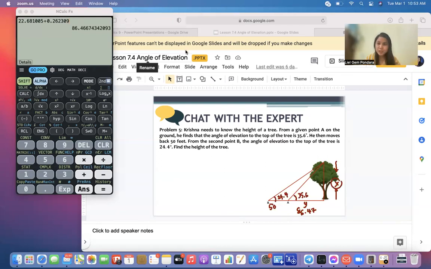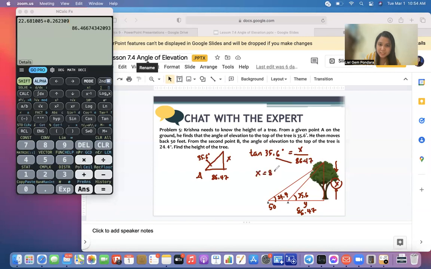You can choose either the small triangle or the big triangle. Let's use the small triangle with angle A. This is 35.6 degrees, 86.47, and X. Remember, we have tangent, right? So tangent 35.6 is equal to opposite over adjacent. Cross multiply them.